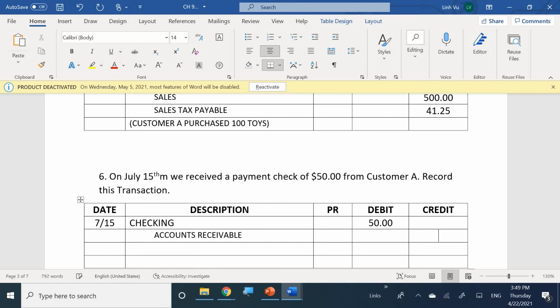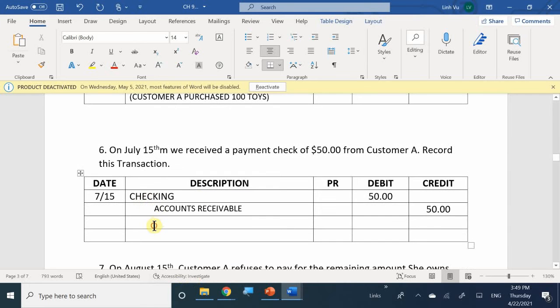$50. And here, we're going to make a note saying that we received payment from customer A. Right? That's what we did.